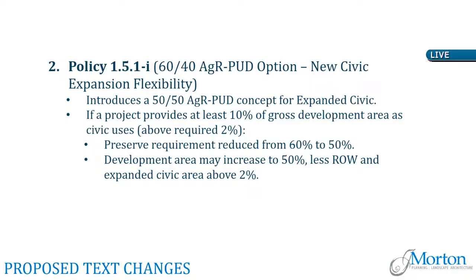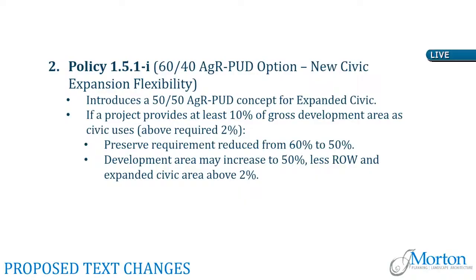This amendment introduces the 50-50 structure, but only when a project provides a meaningful civic contribution. And that would be by providing 10% civic uses above the minimum required by the code of 2%.